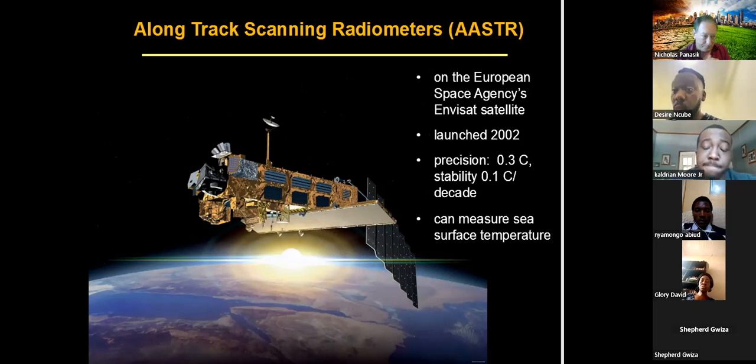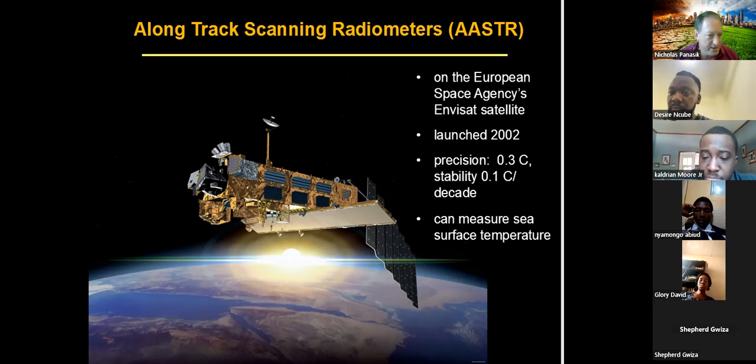In terms of the stability of the measurements, this is related to the type of error that you see in satellites as you get this orbital drift. When the orbit starts to drift, if it gets a little bit further away, it will change your temperature readings because there's less radiation getting to the sensors. The stability of this has been measured to vary about 0.1 degrees Celsius for every 10 years. This one can also measure sea surface temperature, which is a really good thing.